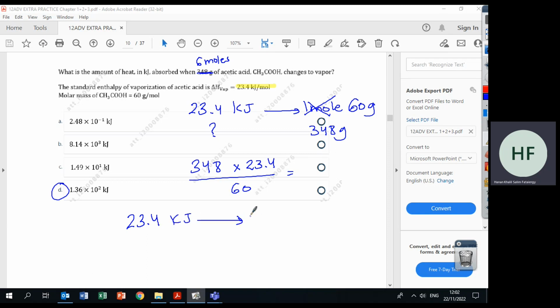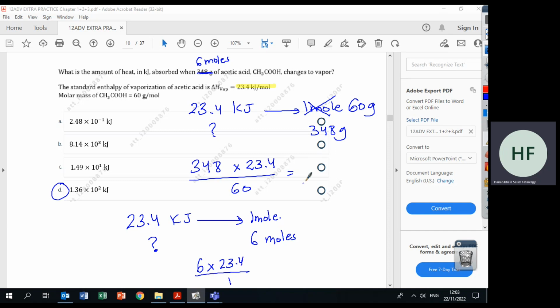This is per mole, means 1 mole. Okay, now what is the amount of heat? So I'll put here question mark. 6 moles, I will put 6 moles. Now, do I have to convert the moles? Of course not, because this is moles and this is moles, so you keep it as it is. Okay, so I will say 6 times 23.4 divided by 1 and I will get the answer. So be careful.